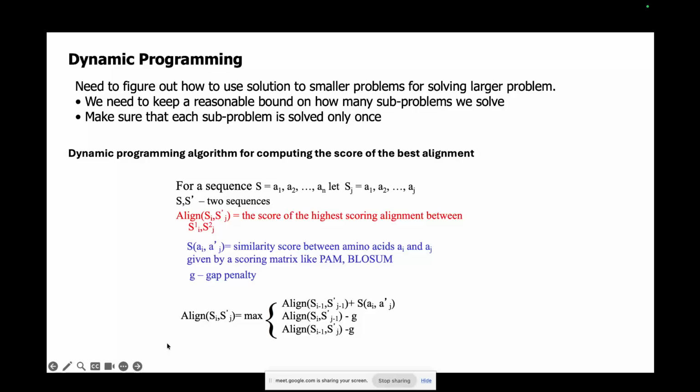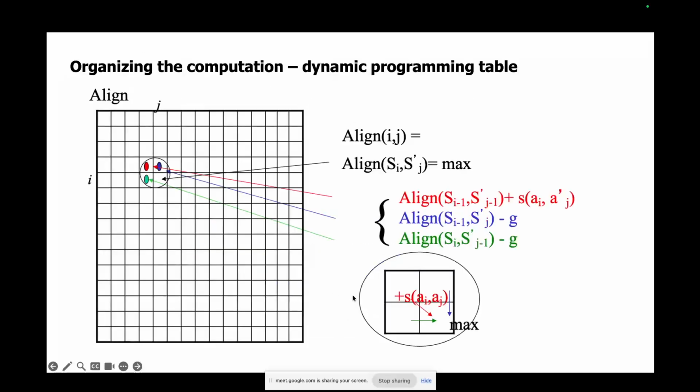Now, I think I can explain it here. This is the ith position of the left sequence, and this is the jth position of the top sequence, right? So by definition, what is the alignment score of this position i comma j? That would be the maximum of these three.